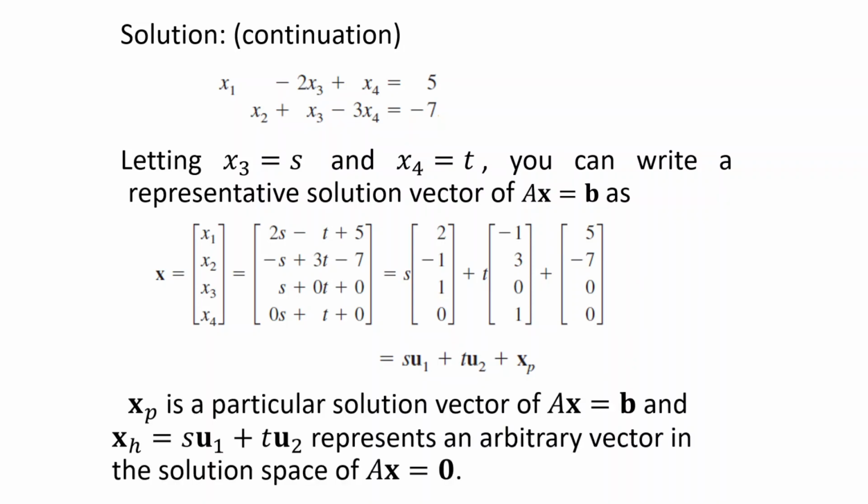Note that x sub p is a particular solution vector of Ax equals b. So if we let s and t be 0, this is a particular solution of the non-homogeneous system Ax equals b, and x sub h is equal to these two terms. This represents an arbitrary vector in the solution space of Ax equals 0.